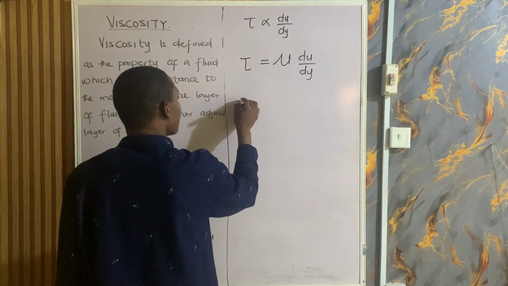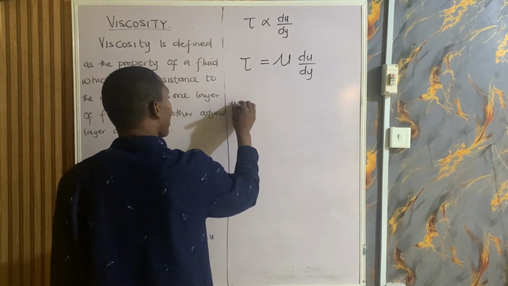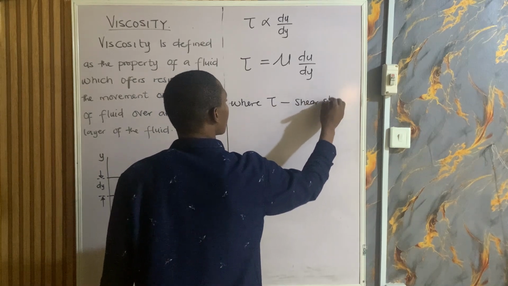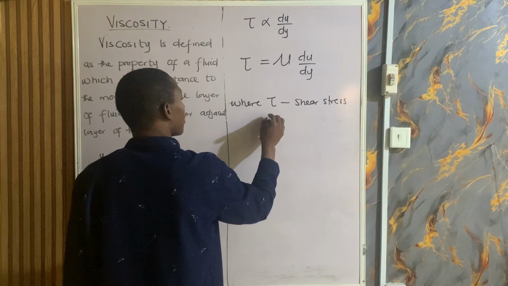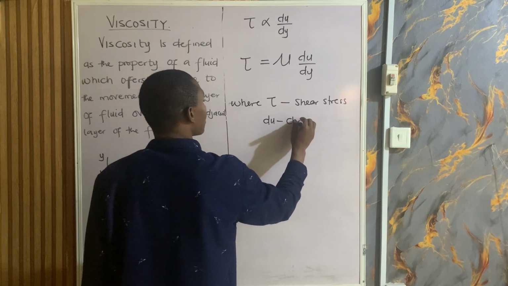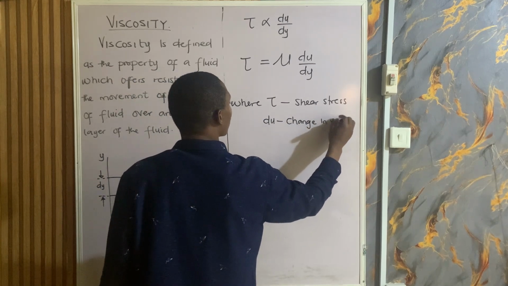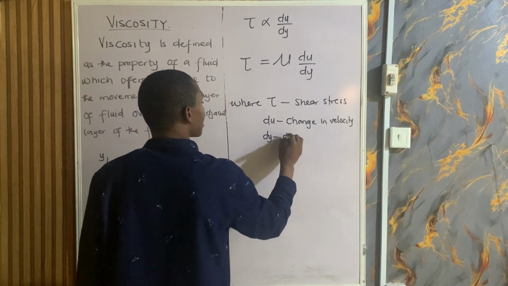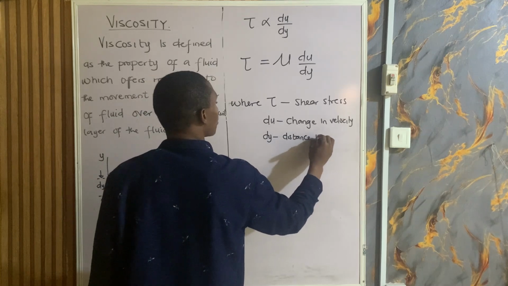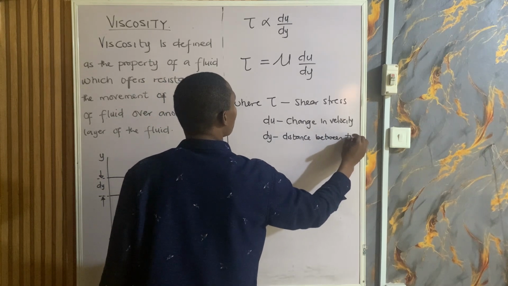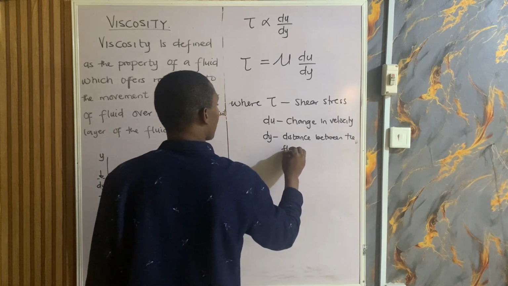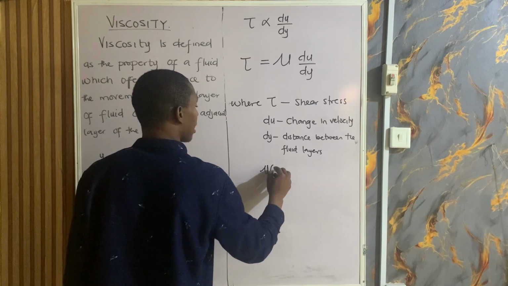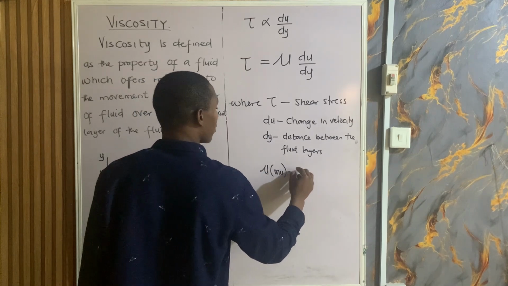So we can say this is shear stress, where tau is shear stress, du is the change in velocity, dy is the distance between the fluid layers, and mu, the Greek letter mu, stands for viscosity.